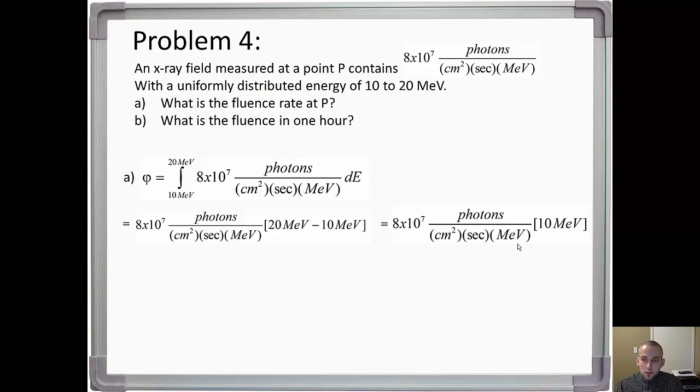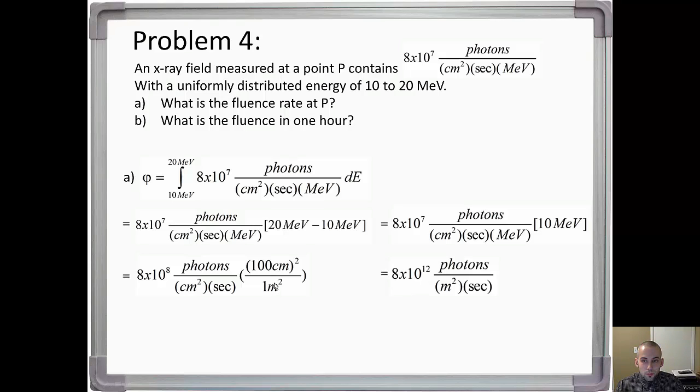Now we can cancel out for unit analysis, right? And so now we get 8 times 10 to the 8th. And now we're just going to perform unit analysis to convert it to meters, to the negative 2. We get our answer of 8 times 10 to the 12 photons per meter squared per second.